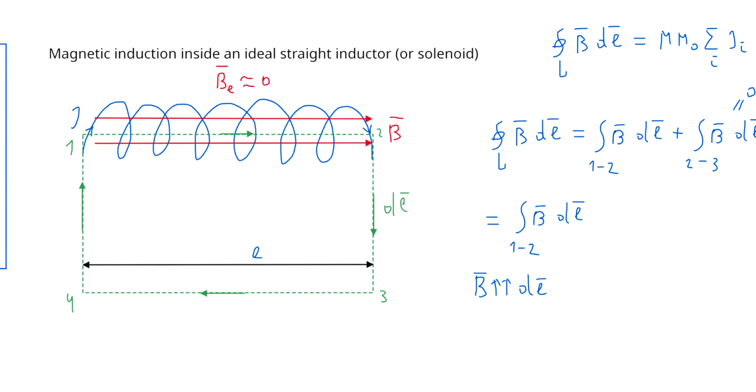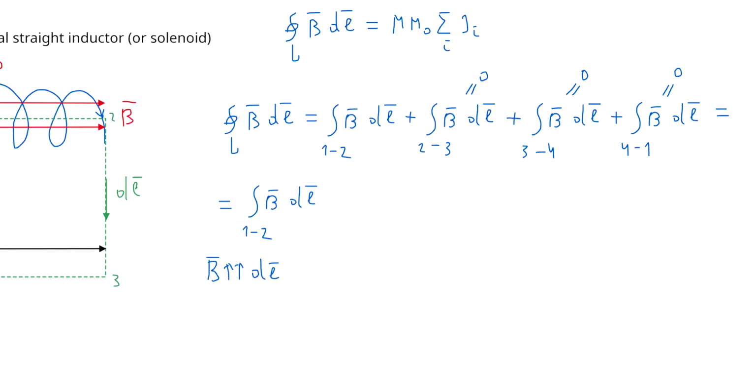Okay, and it means that b dl is equal to b dl cosine. And what angle will be here?